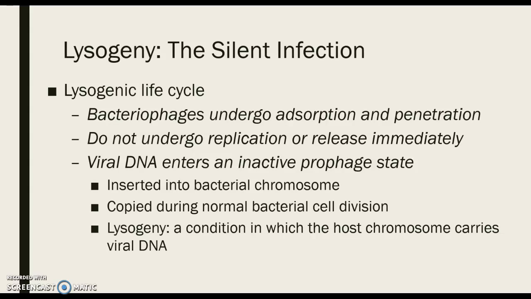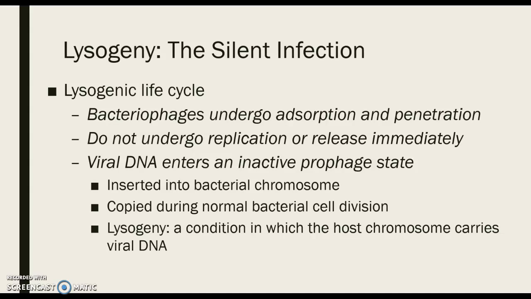The viral DNA enters an inactive prophage state and is inserted into the bacterial chromosome. So the DNA of the virus is incorporated into that bacterial chromosome, and then each time that bacteria replicates or duplicates itself through binary fission, it is copied. That virus portion of the DNA is copied during that normal bacterial cell division.